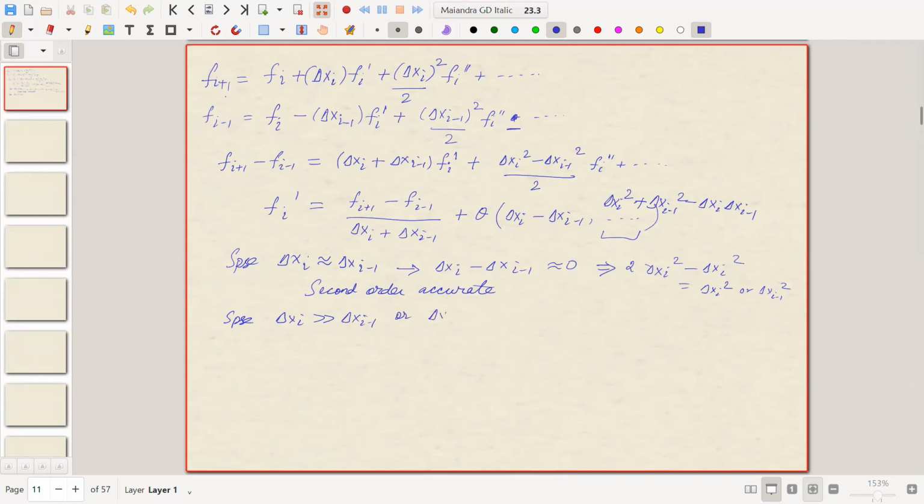Or even delta xi is much smaller than delta xi minus 1. Then what will happen? Any ideas?